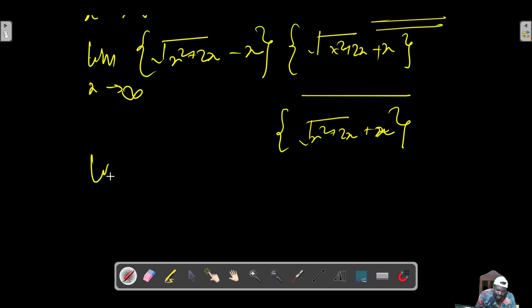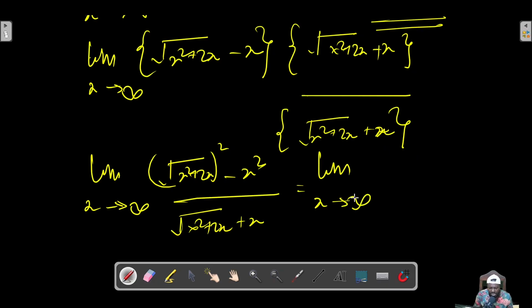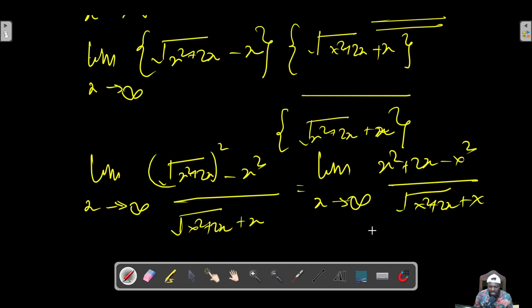So the limit as x is approaching infinity of, now this can be written as a difference of two squares, so we end up with root of x squared plus 2x, all squared, minus x squared, all on root of x squared plus 2x plus x.